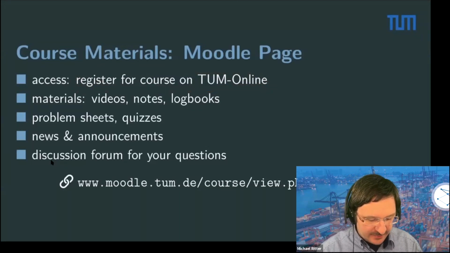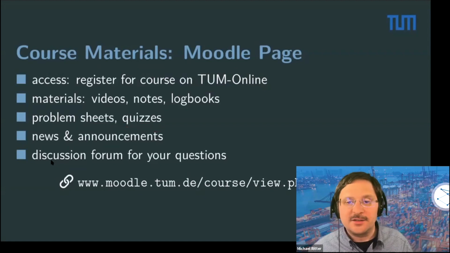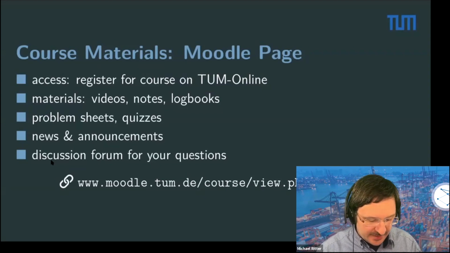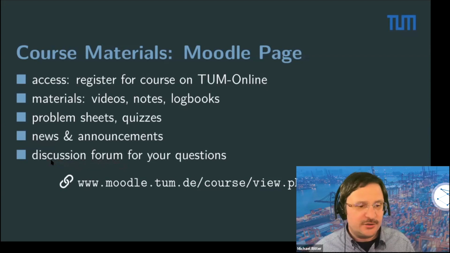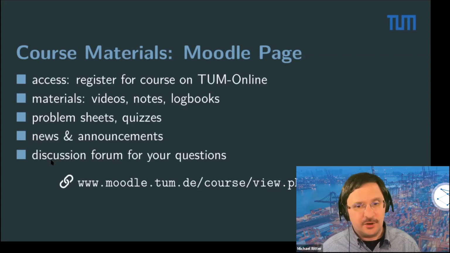You'll find the course videos there, you'll find the notes, you'll find the logbooks, the problem sheets, and of course, there'll also be quizzes similar to last semester. There's also a forum for news and announcements, and of course for discussion. So of course, you're free to use the chat system to discuss and to ask questions, but we'll also answer your questions on the Moodle forum, whichever you want to use, whichever is more convenient to you. Both is fine.